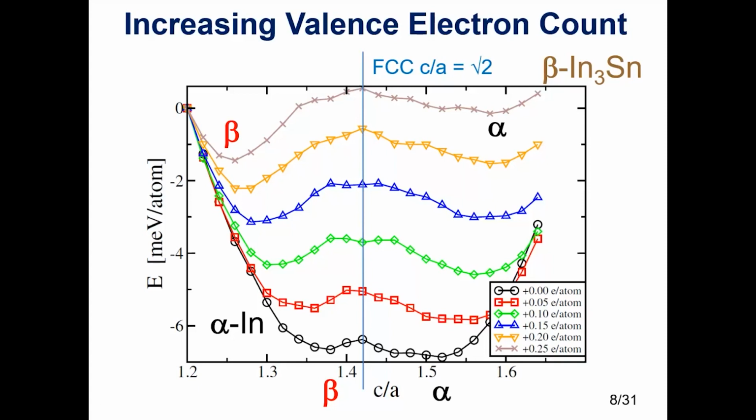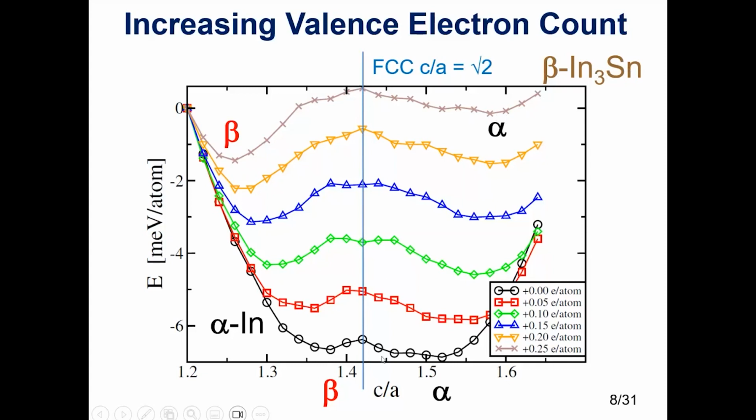So I chose then in red to add the equivalent of 5% tin, in green the equivalent of 10% tin, all the way up to, in brown, which I've labeled as beta indium-3 tin, the valence electron count equivalent to 25% tin.